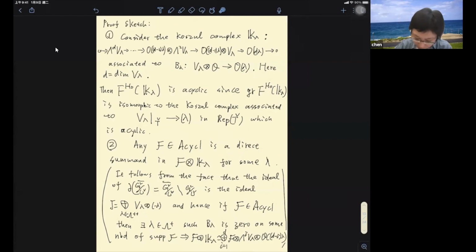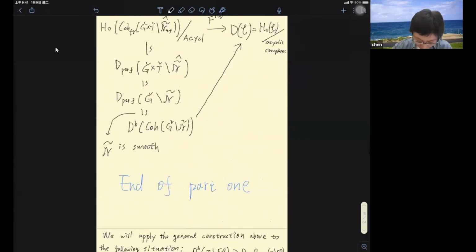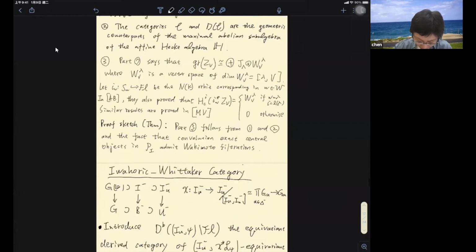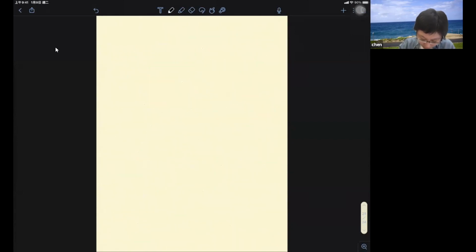Let me write this. You have this map O to the sections, then you take O to O, and you can form the Koszul complex like that.